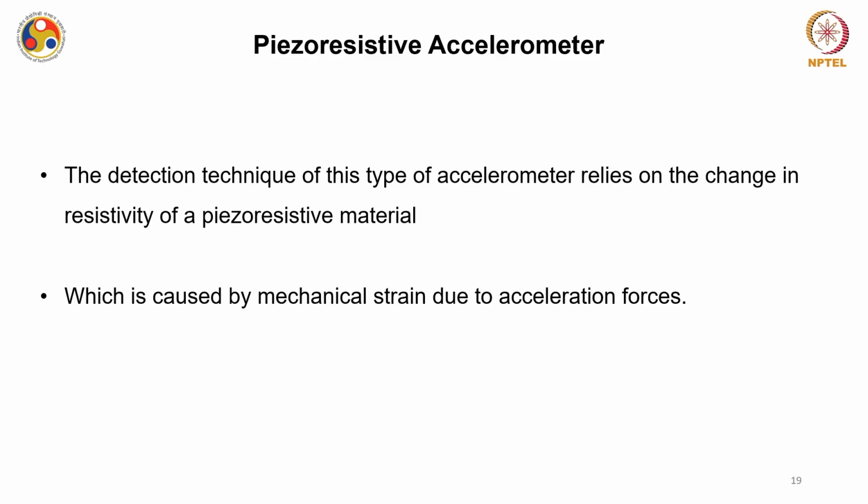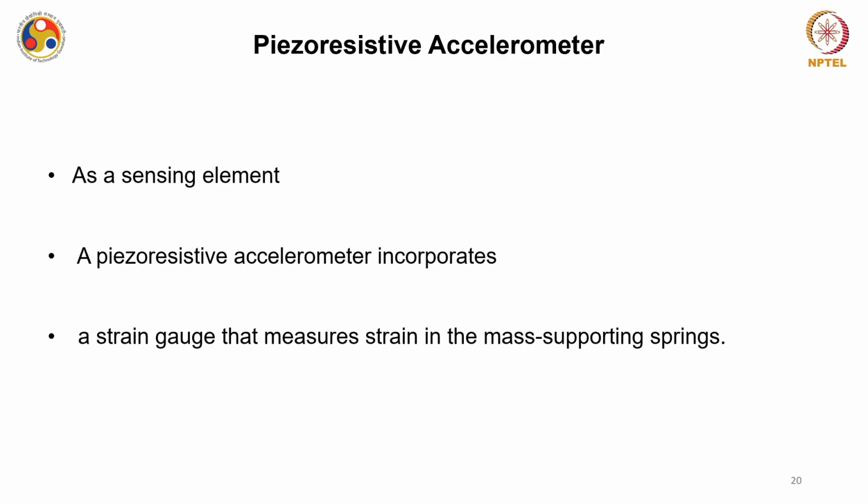The detection technique of this type of accelerometer relies on the change in the resistivity of the piezoresistive material, like any other application of piezoresistive materials. This change is caused by mechanical strain due to some forces, which is of course the result of acceleration.